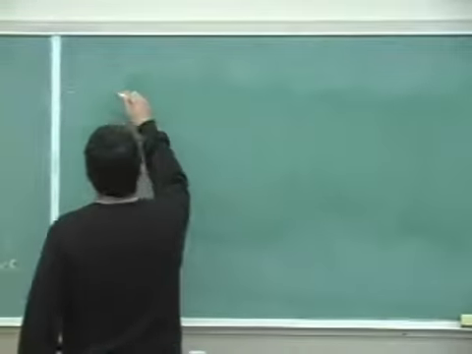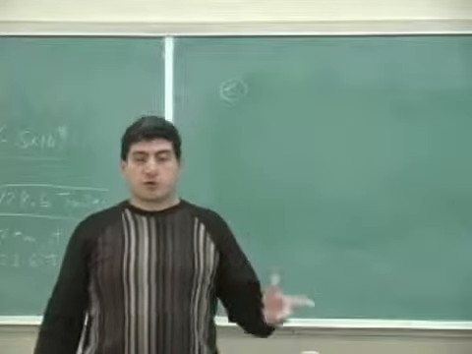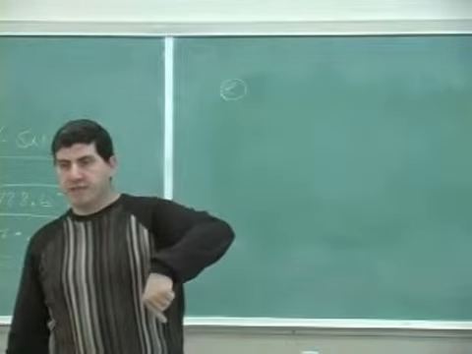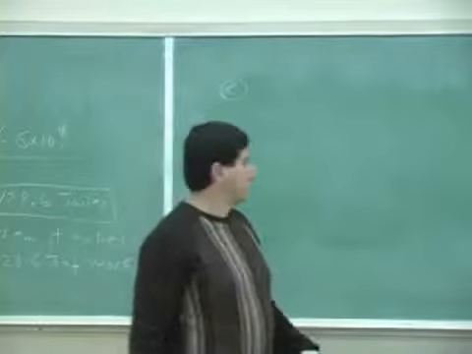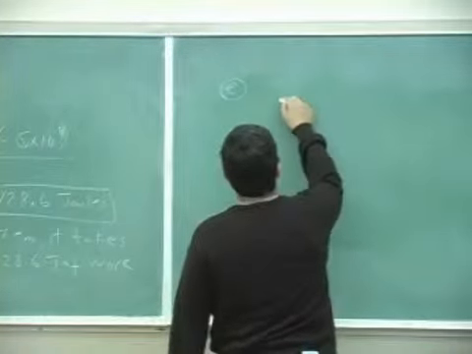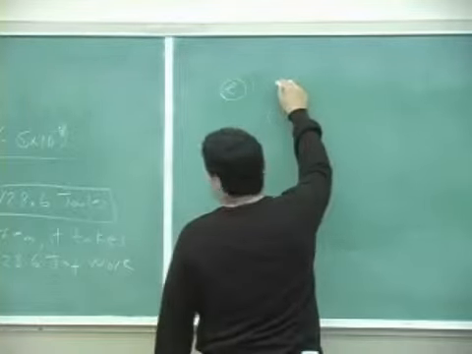Okay, part E now is how much work do I need to do to bring another charge from infinity all the way to the origin. Okay, so I have the original system, negative 3, 0.